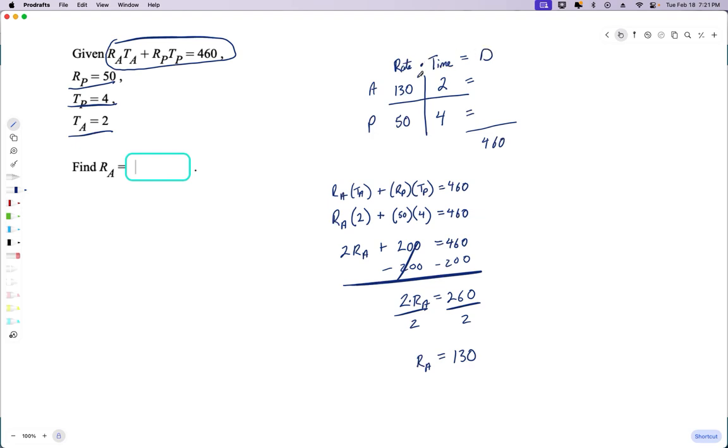And make sure that both of these distances added together is 460. 130 times 2 is 260. 50 times 4 is 200. If we add 260 and 200, do we get 460? Yes. So that tells me that this is the right answer. So 130 would go right here. All right, let's do the next one.